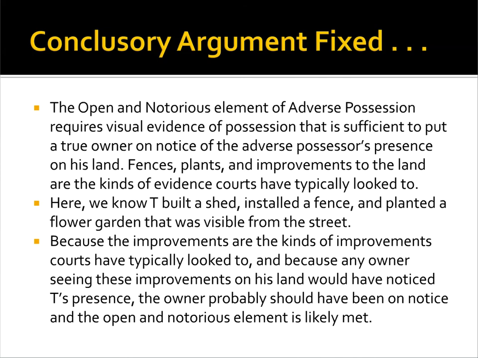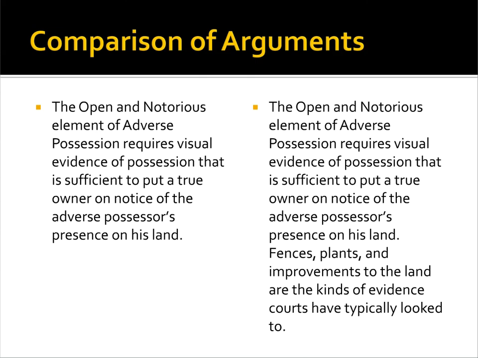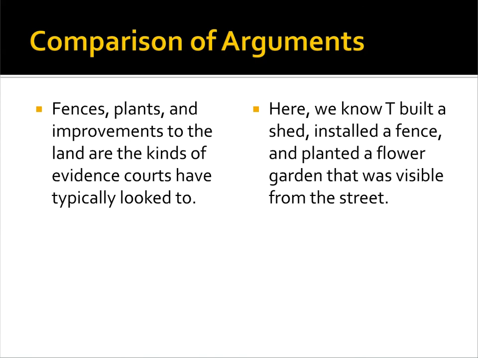So let's look a little bit deeper. Over the next couple of slides, compare the various arguments. So you'll see on the left side the conclusory argument, and on the right side the more detailed analytical argument for open and notorious element of adverse possession. The key really here, again, is that the details is on the right-hand side of the screen.